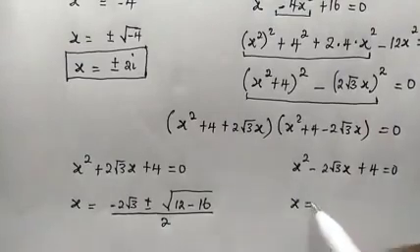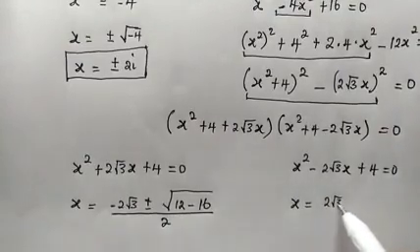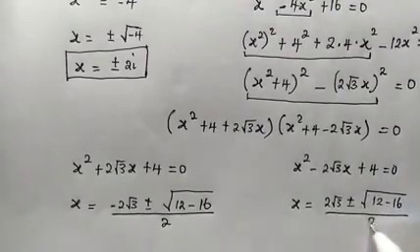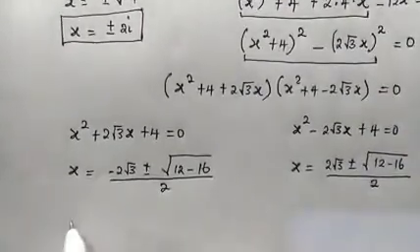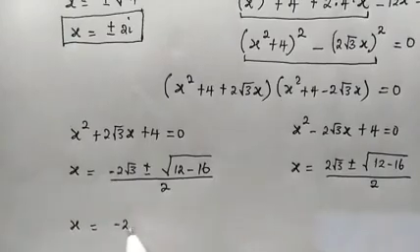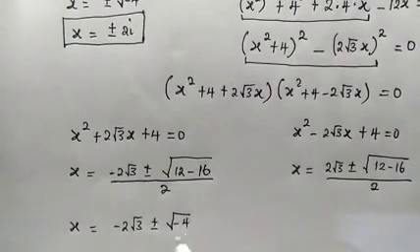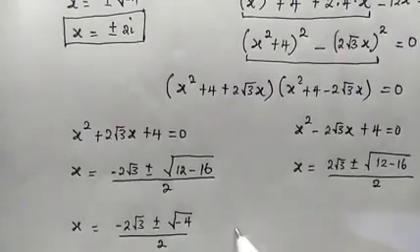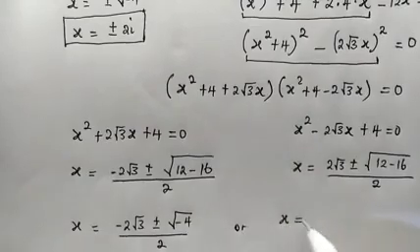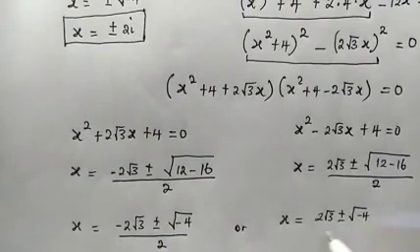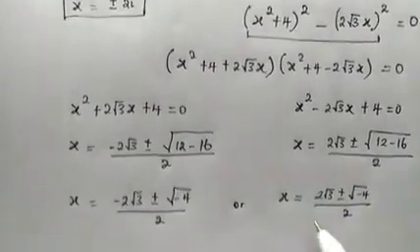And here x will be equal to negative b, which will be 2 root 3, plus or minus the square root of 12 minus 16, divided by 2. So here we get x is equal to negative 2 root 3 plus or minus the square root of negative 4, divided by 2. Or from here we have x is equal to 2 root 3 plus or minus the square root of negative 4, divided by 2.